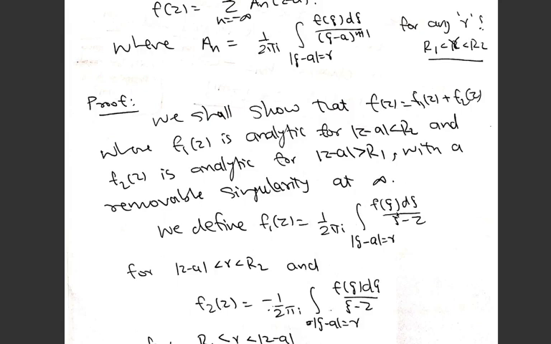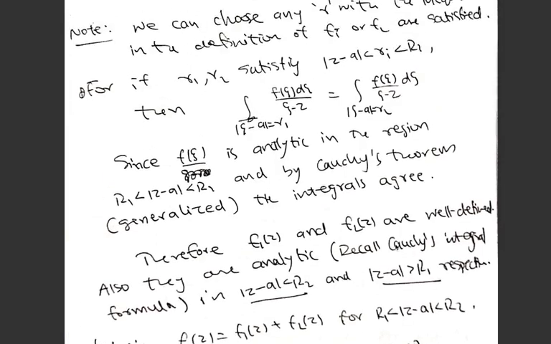This is the integral of f(ξ) dξ by (ξ minus z) over a circle of radius r. Here we choose r between r2 and r1. In fact, this integral is independent of the choice of r. That is something we have proved here. And f2 can be written as minus of this whenever r1 is less than r, less than mod z. So these are well defined, because the integral is independent of the choice of r. That is something we have proved here.